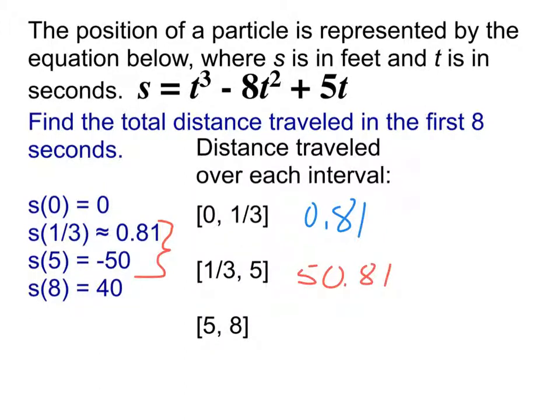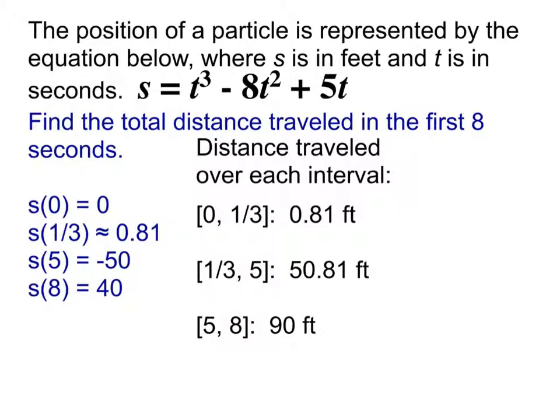Whether you say it's plus or minus here isn't going to matter, because we'll turn them into positives at the end. Basically we are subtracting our two distances, so it's like 0.81 minus the negative 50. And how far is it from 5 to 8? How far is it from negative 50 up to 40? That would be 90.